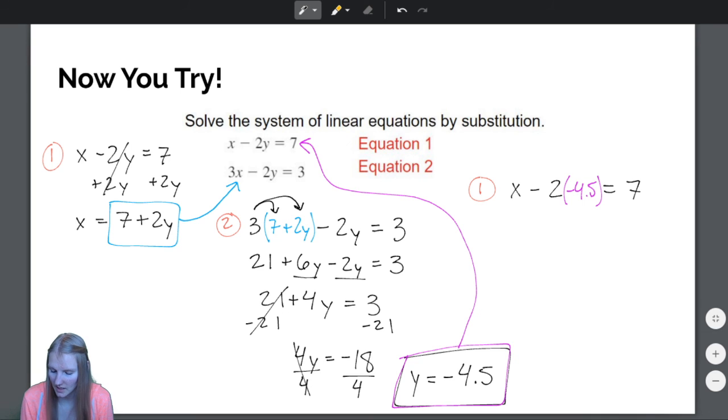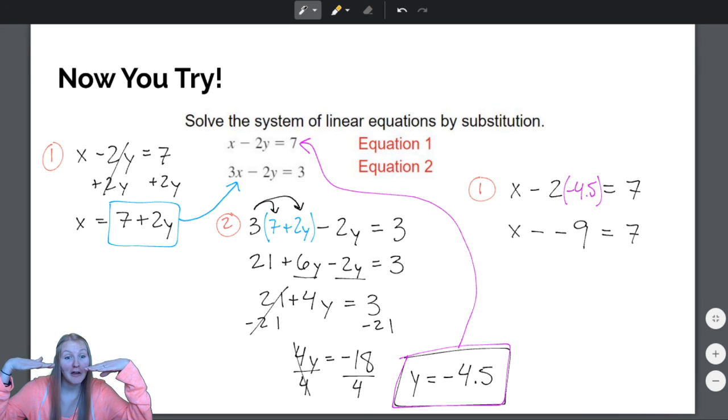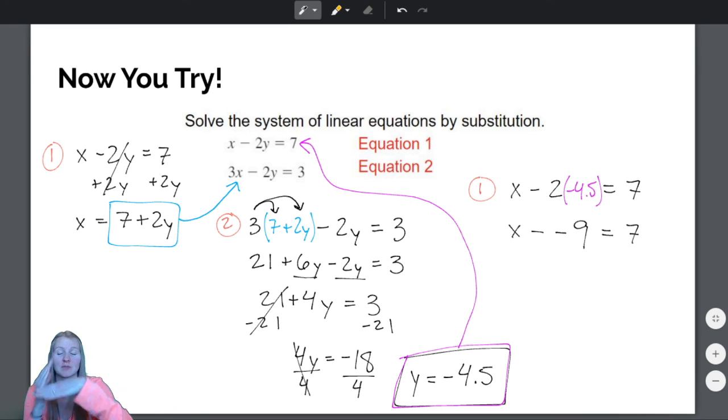All right, and so we have x minus 2 times negative 4.5, which is negative 9, equals 7. Whoa, what happens when I have minus a negative? They come together and become positive.